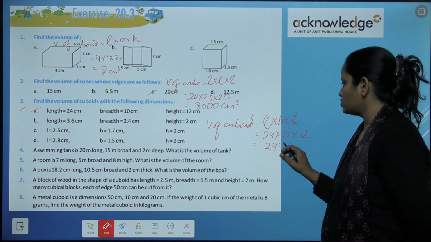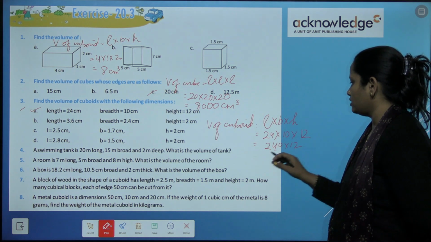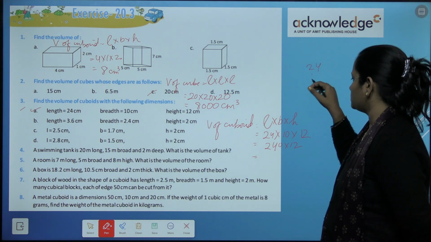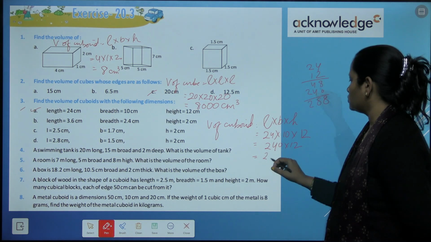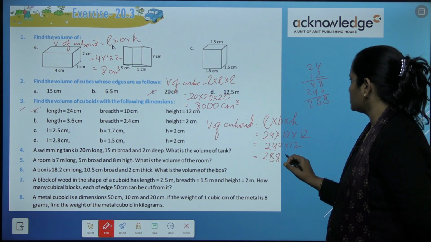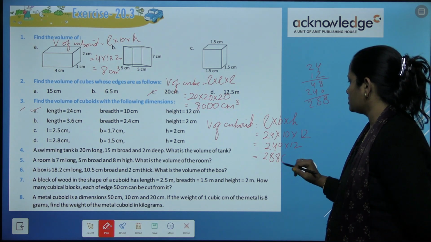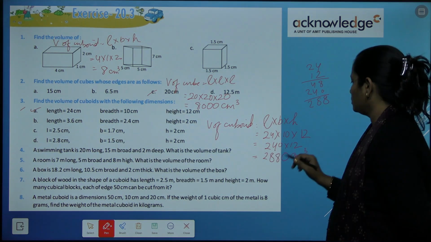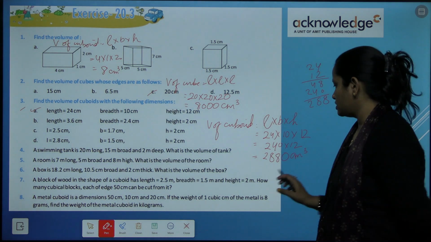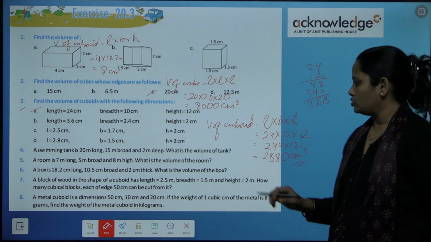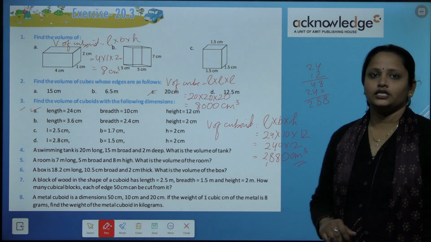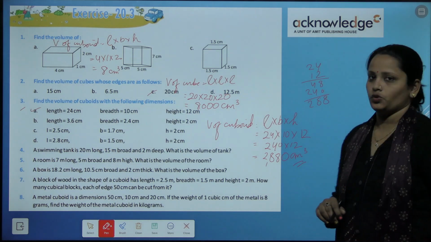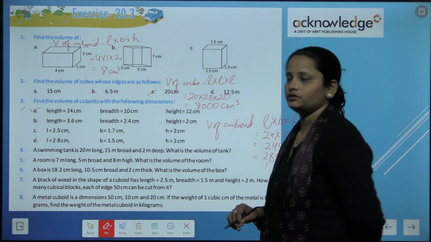So it's 240 multiply 12. Now 24 multiply 12. So 2, 8, 8 and 1, 0. Volume of this cuboid is 2880 centimeter cube. I hope this is clear.